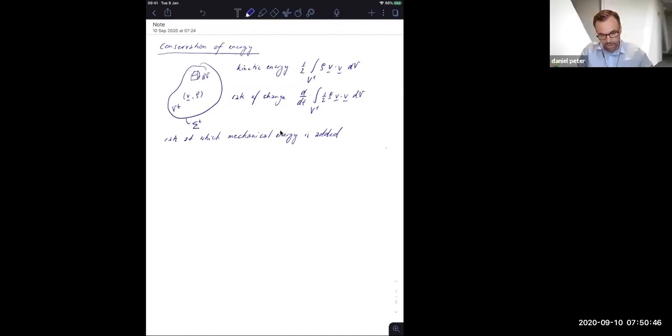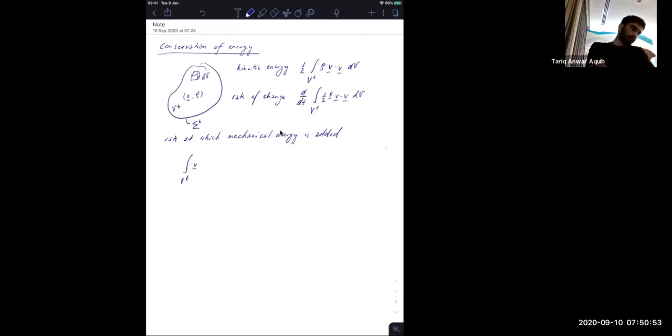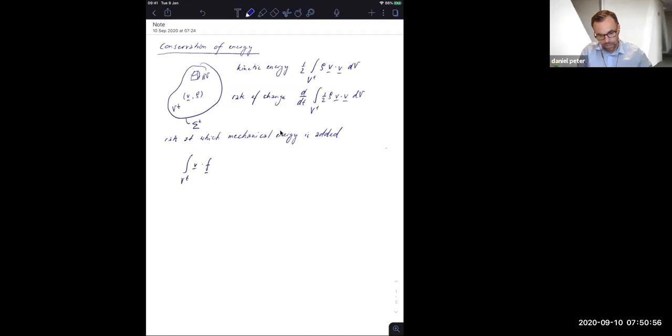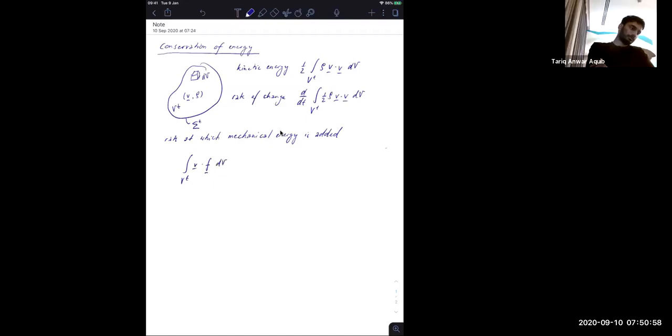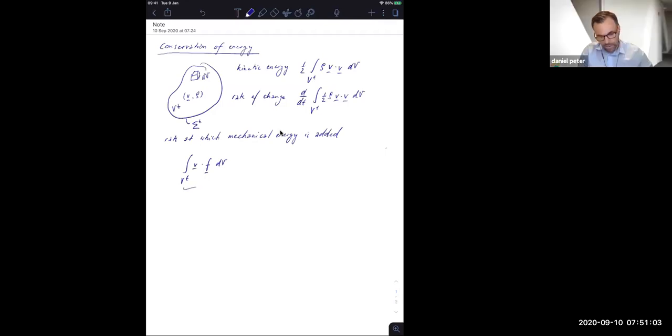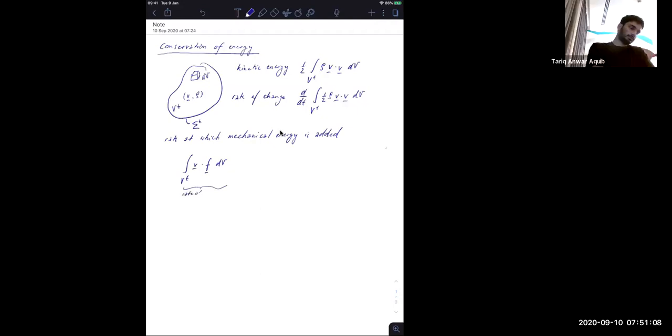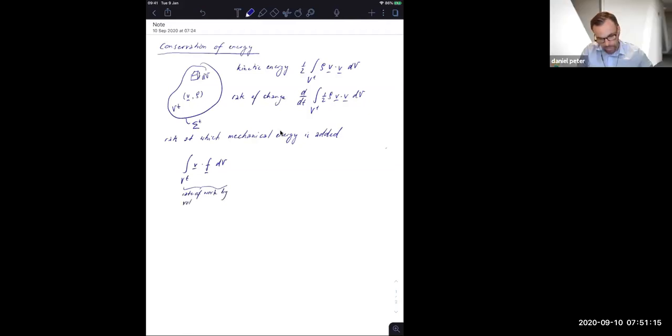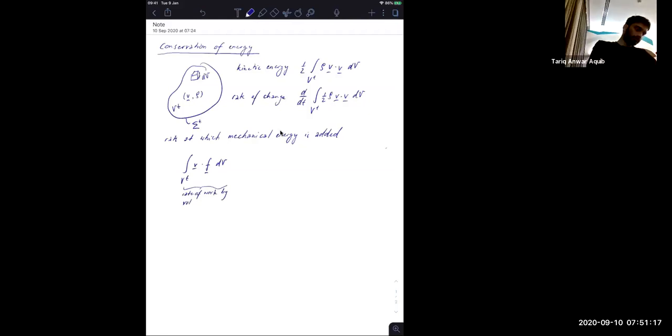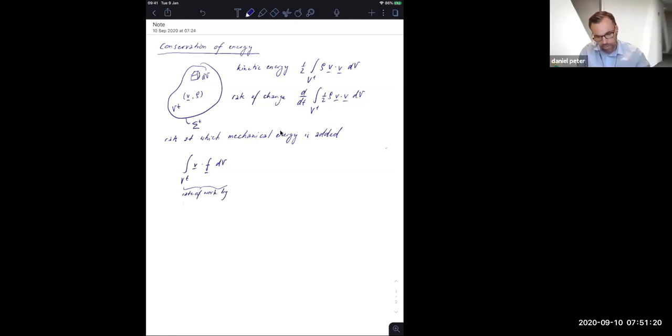So if you look at the rate of work of the body forces, it's basically our integral over Vt of the velocity times the body force vector F. So this is basically the rate of work by volume forces, or body forces. Let's call them body forces like last time.